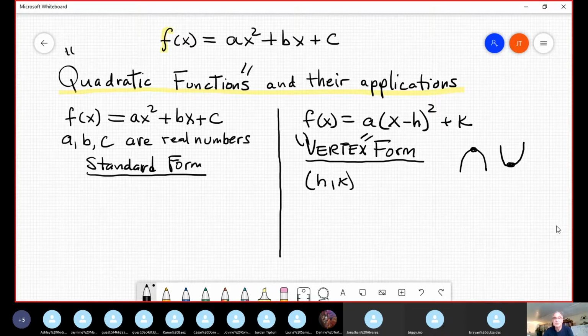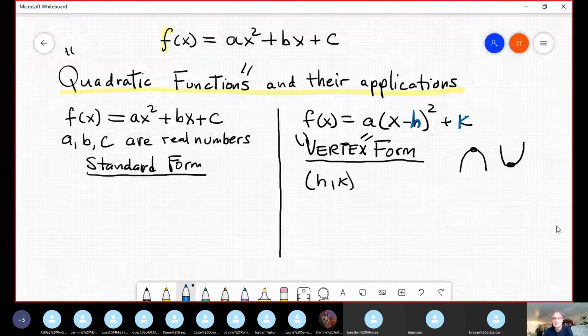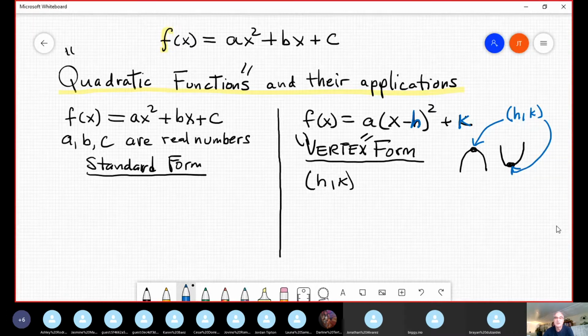Now this h and this k represent the components of this point, similar to the circle. Remember, h is the x component and k is the y component.